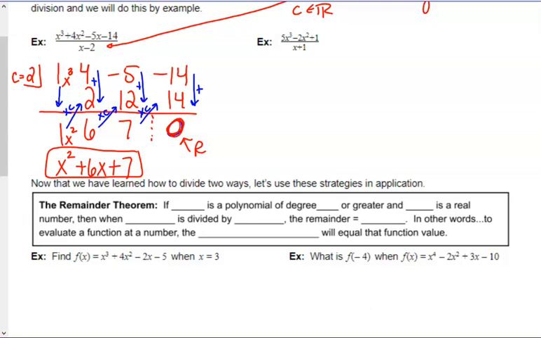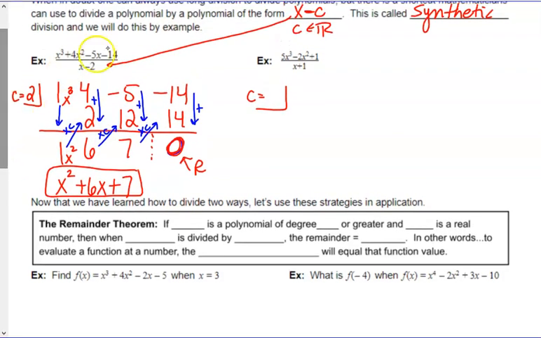The next one, we're going to do the same idea. We need a c out front, and that c comes from taking the opposite of what I'm looking at in the divisor. So I see a plus 1 because, again, in our general form, that's a minus there. I need to take the opposite. So actually, c out front this time is a -1. I'm going to write all the coefficients of my dividend, and in this case, I have a power of 3.